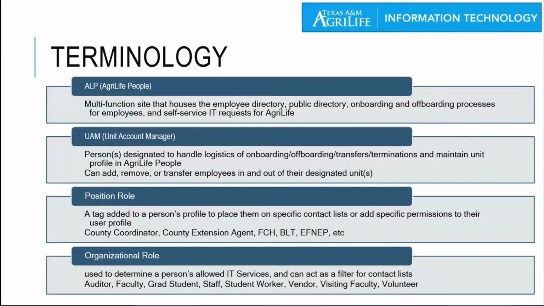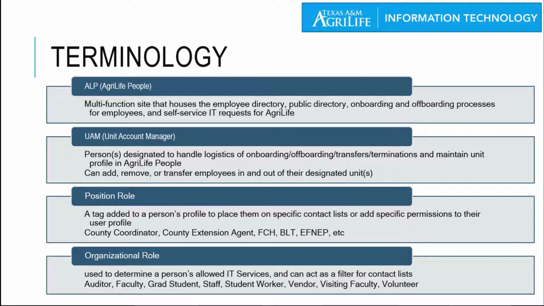The position roles are things like county extension agent, or an agent's specialty like IPM, FCH, BLT, 4H. When we look at the contact list, I'll show y'all where y'all can get contact lists based on that. I think there's 14 or 15 of them that have already been created and ready for you to download.